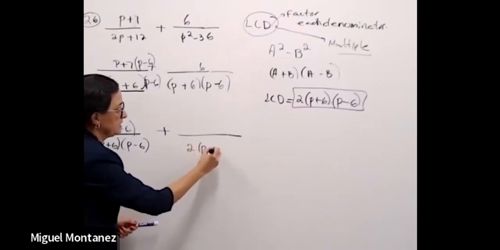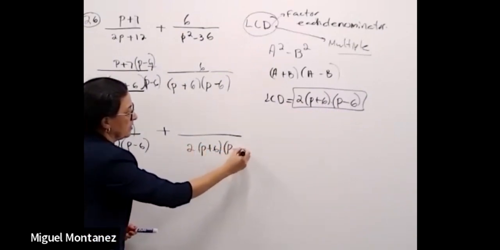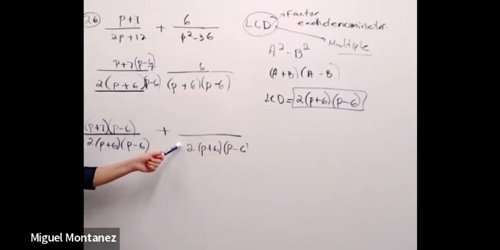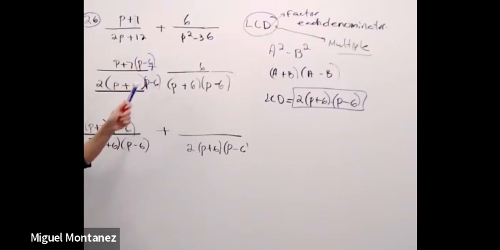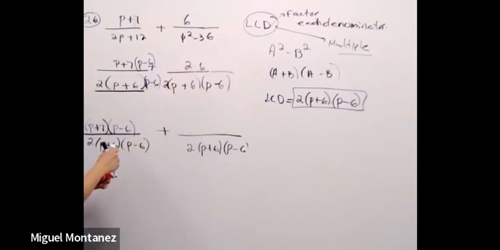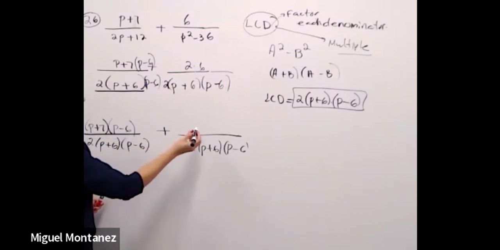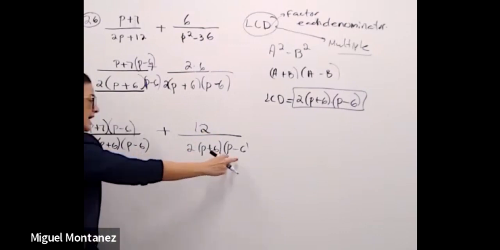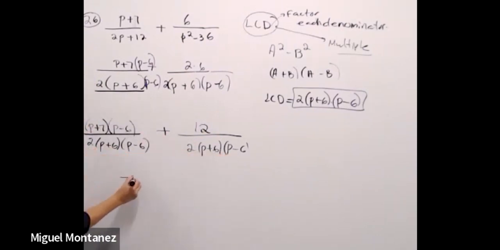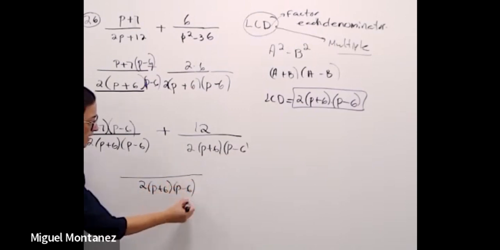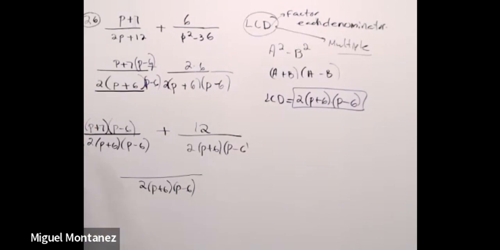We are missing the 2, so we multiply numerator and denominator by 2. So now we have 6 times 2 is 12. Now that they have the same denominator, copy the denominator once and work on the top.